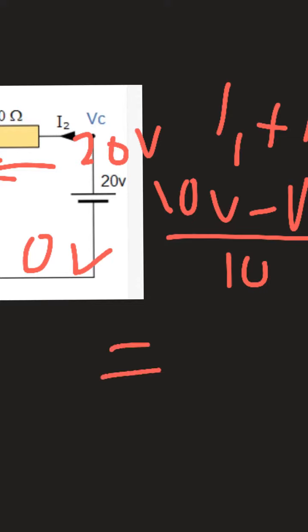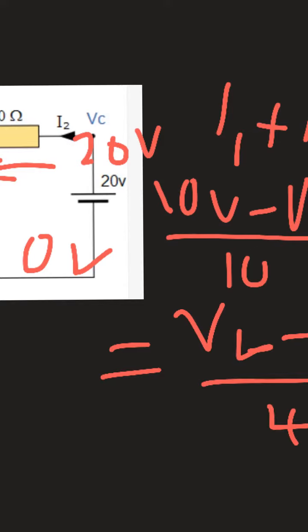And they will equal I3, which will be VB minus 0, the reference node, over 40. Now you simply solve the equation for VB in order to find its voltage. For this particular example, you will get that VB is equal to 80 over 7 volts.